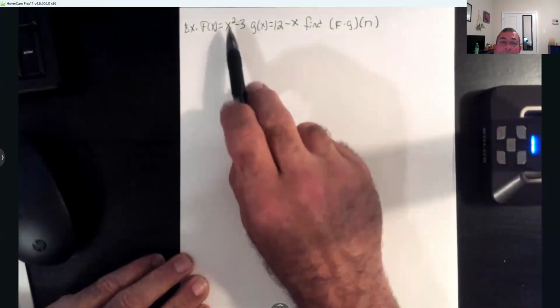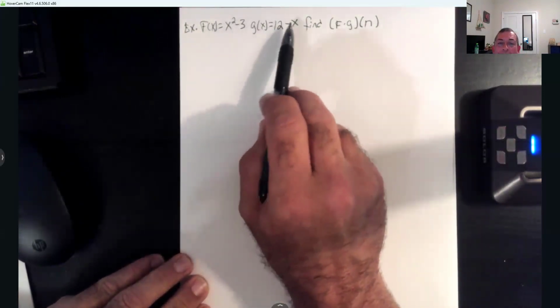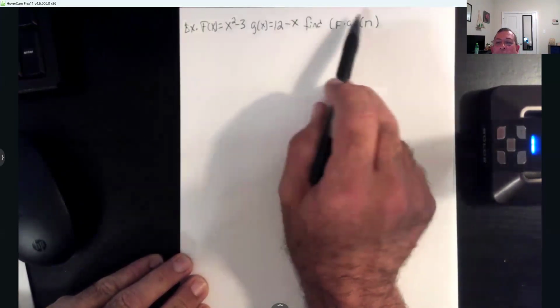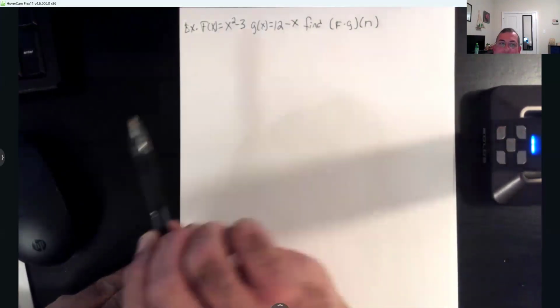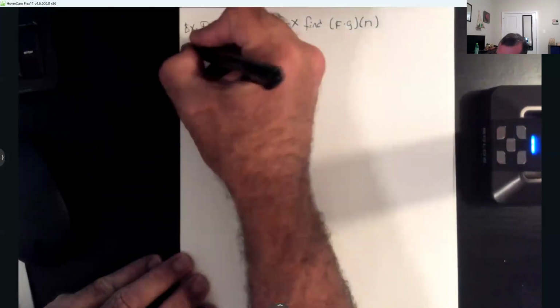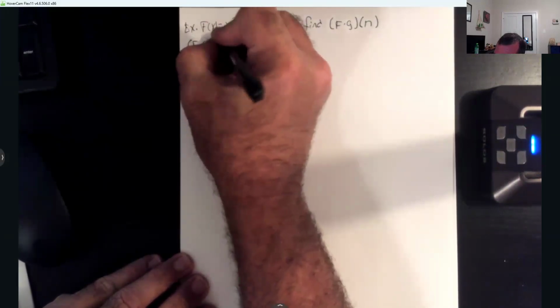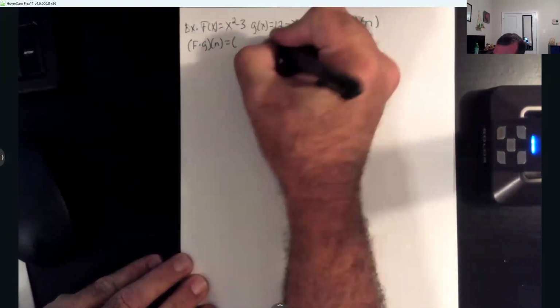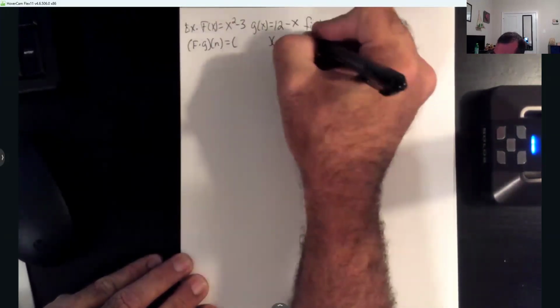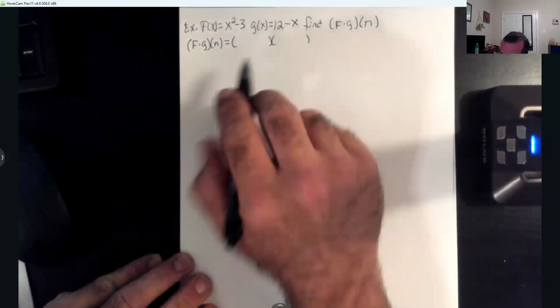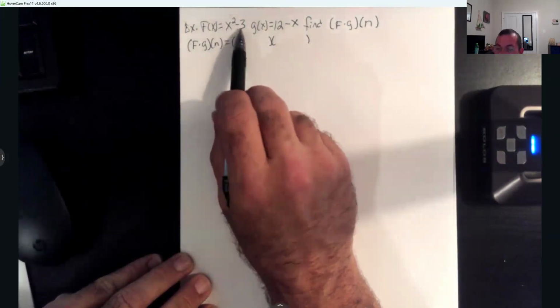So when we work this one, guess what we're going to replace these x's with? We're going to replace these x's with the n they gave us, okay? So here we go. F times g of n will equal my f times my g. All right, so what is f? X squared minus 3.